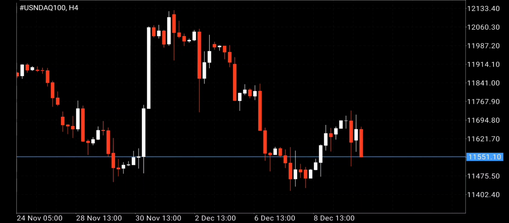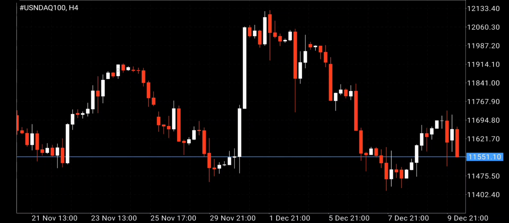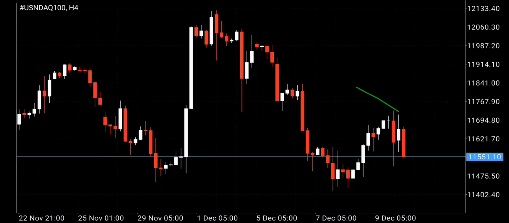So here we can conclude by saying there's a lot of selling pressure on this one. So if you couldn't get a trade from the bearish trend line, you can wait for the price to come lower than this.